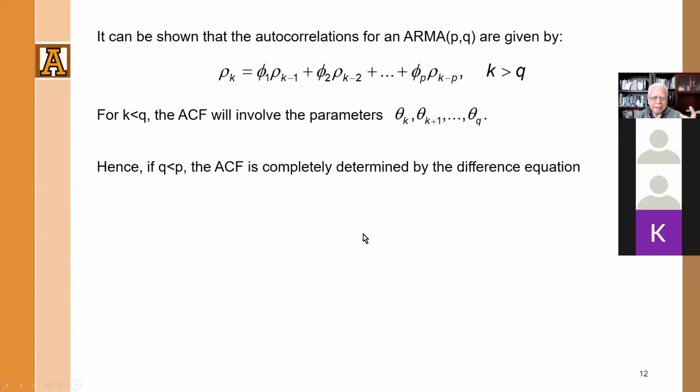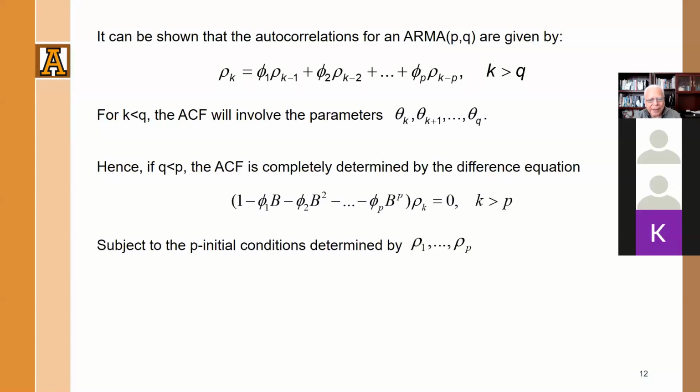And again, this can be shown for the general case. If q is less than p, the autocorrelation function is completely determined by the difference equation given by the autoregressive part of the model.